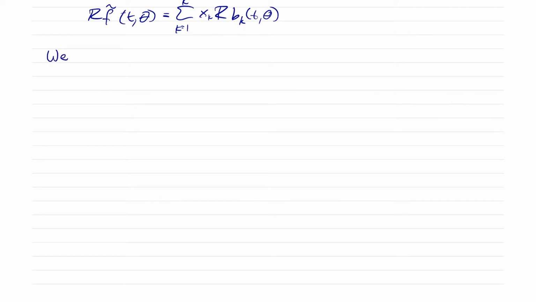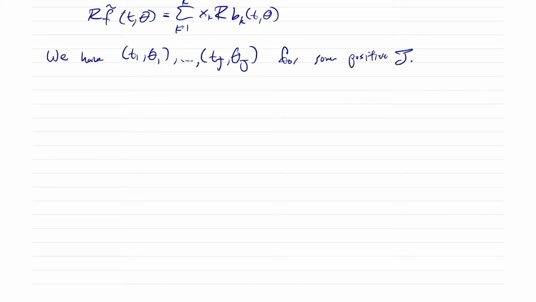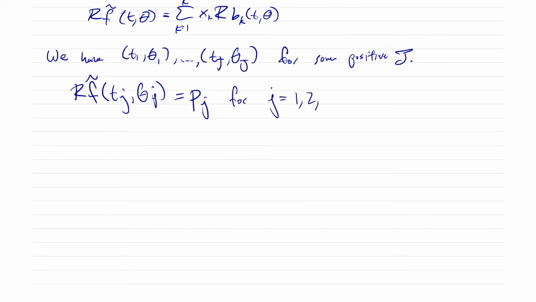So we only have these: say (t_1, theta_1) up to (t_J, theta_J), for some positive J. For each one of these we have the Radial transform of f tilde at (t_j, theta_j), and this is equal to p_j for little j equal 1 all the way up to big J. And so these are our samples.